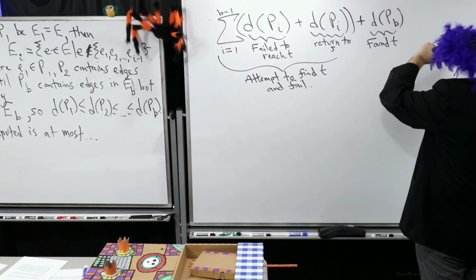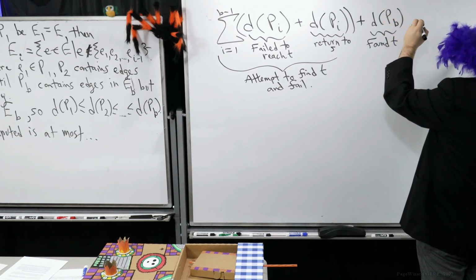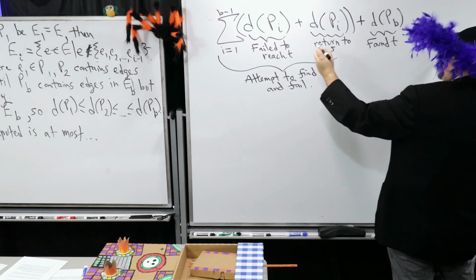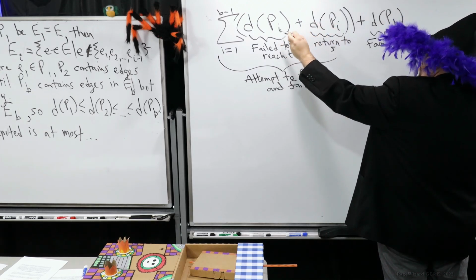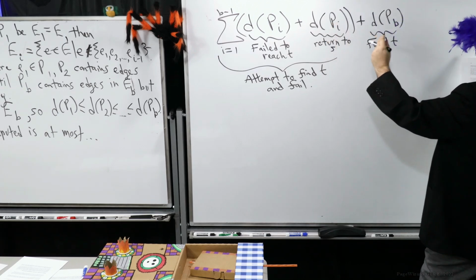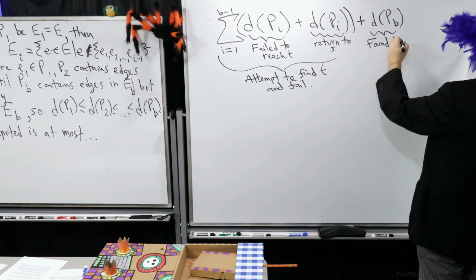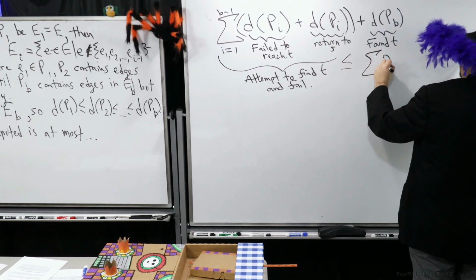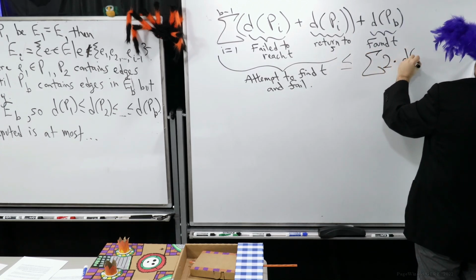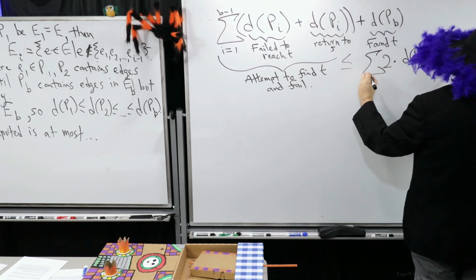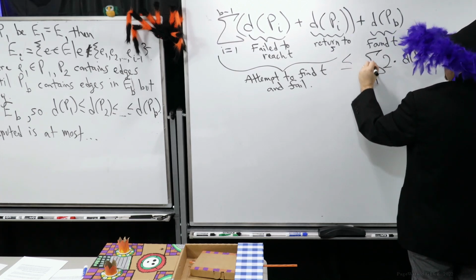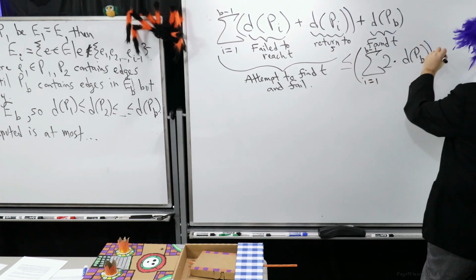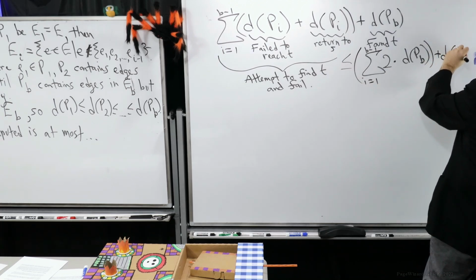So let's figure this one out. So notice that this is just 2 times 2 of these, right? So I just have 2 of those, so I'm just going to rewrite this. So this is at most the sum of 2 times dpb from i equal to 1 to b minus 1 plus the length of pb.